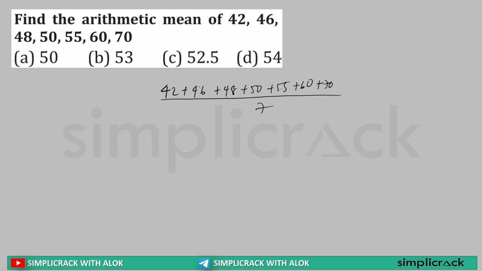If I add this, the sum is 371, divided by 7. 7 fives are 35, remainder 2, 1. 7 threes are 21. Clear or not? So the arithmetic mean of this whole thing is 53. This is how you calculate arithmetic mean. Arithmetic mean is completely the average.